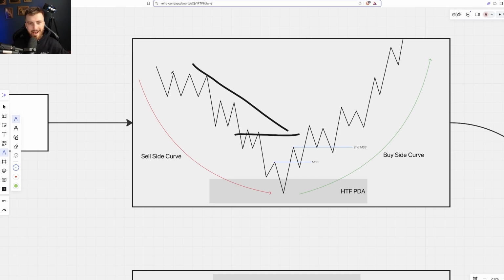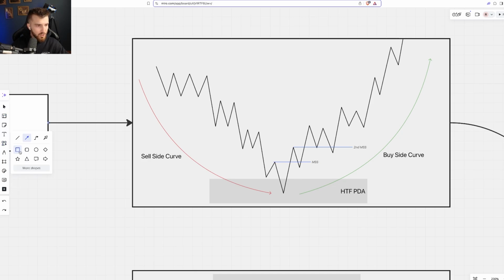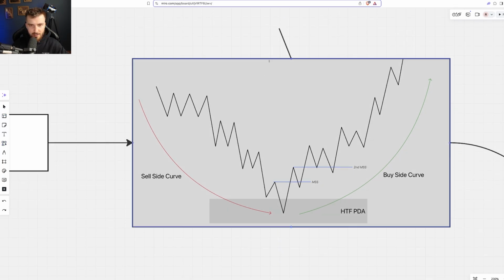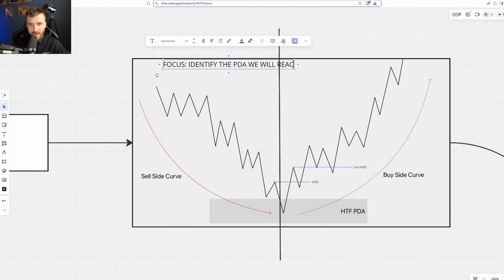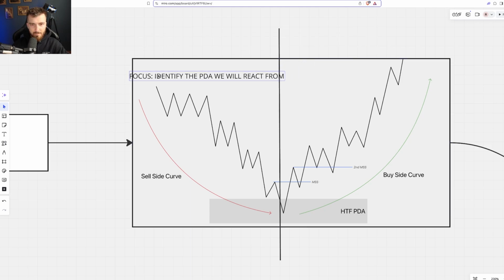So what you have to do, again, as the markets move to the downside, so what do you have to do on this move? Let's even do this right now. So on this move to the downside, your focus, identify the PD array we will react from, right?